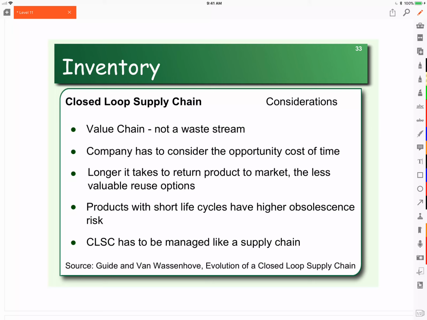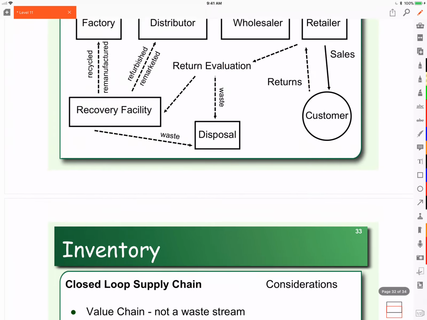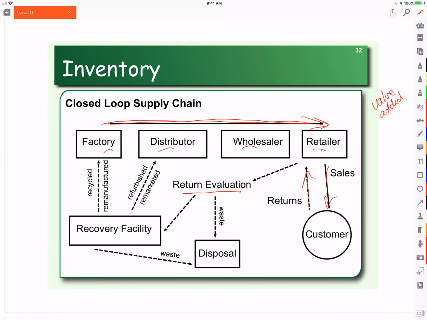When we talk about obsolescence risk, we're talking about the point at which nobody wants it anymore. So it has no value for sale because it's undesirable. Well, if your product has a short life cycle, then it's going to reach that undesirable point very quickly, which means when we look at the supply chain, remember, the longer it takes to get back into the chain, the less value it has.